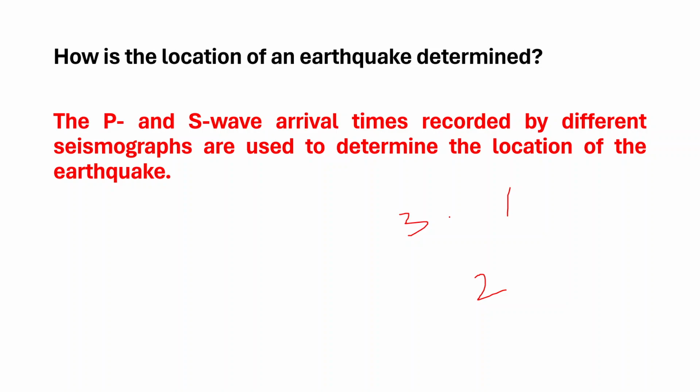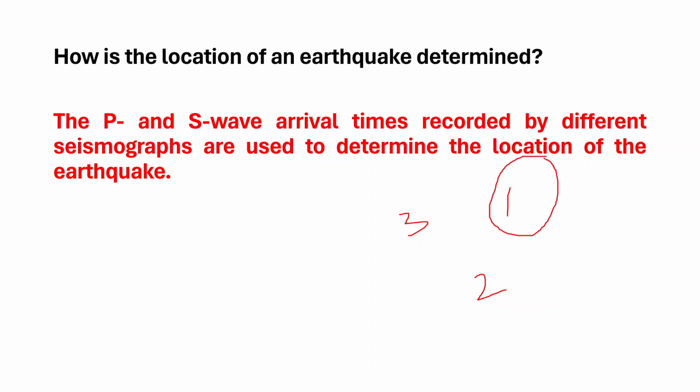So you have three locations which have seismograph recordings, and then you look at the P and S wave arrival times. The P wave will arrive first and then it is followed by the S wave. They look at this time difference at all three locations. Based on that data, they consider the radii of three circles.